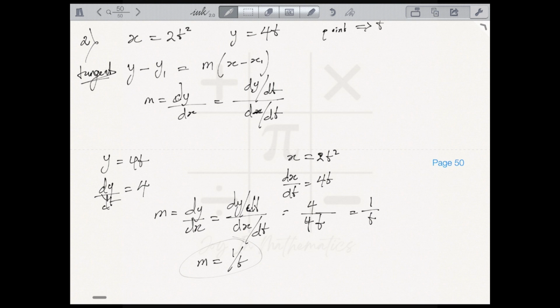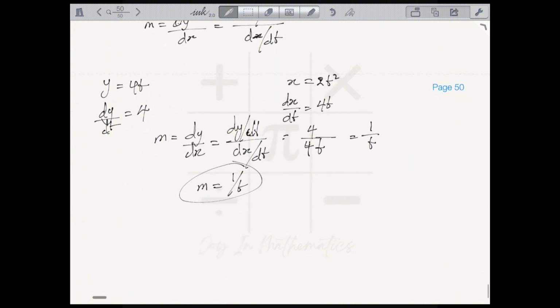Now, having evaluated our m, let us now evaluate y1 and x1. Now, y1 is the value of y at point t, and x1 is the value of x likewise at point t.